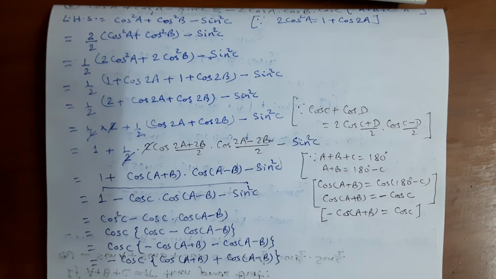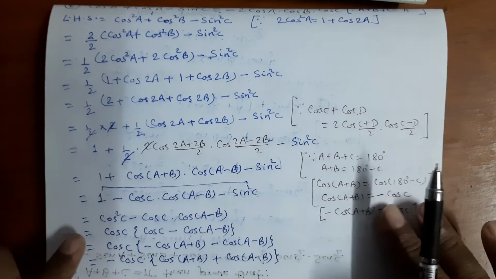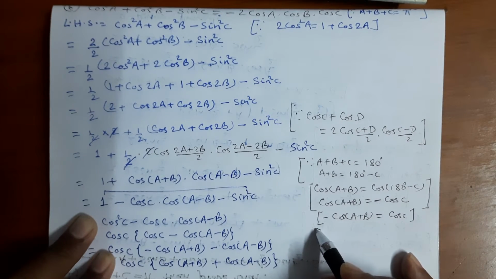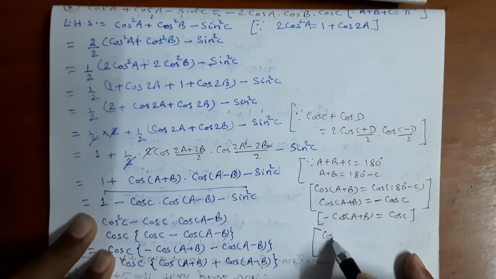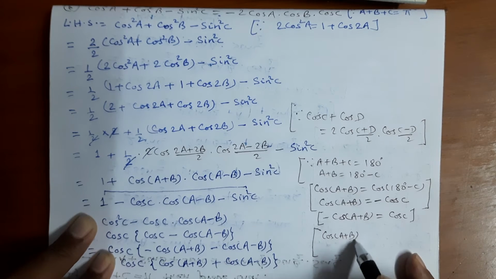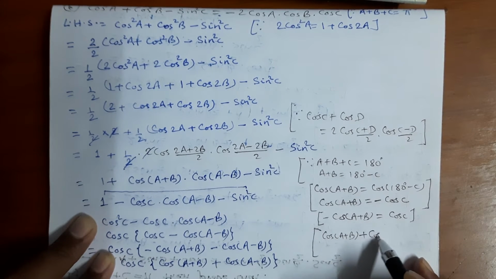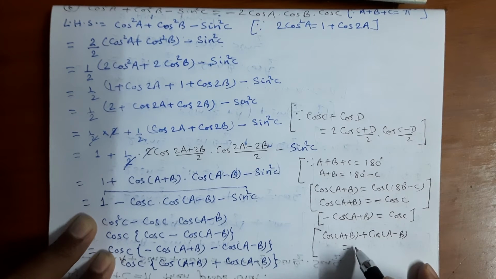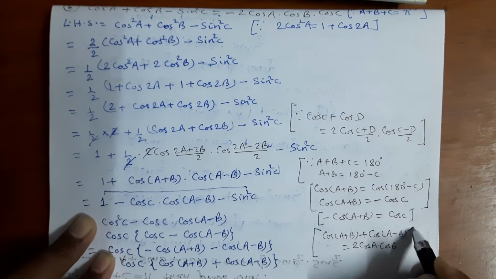And we have the formula of cos A plus B plus cos A minus B, which is 2 cos A cos B.